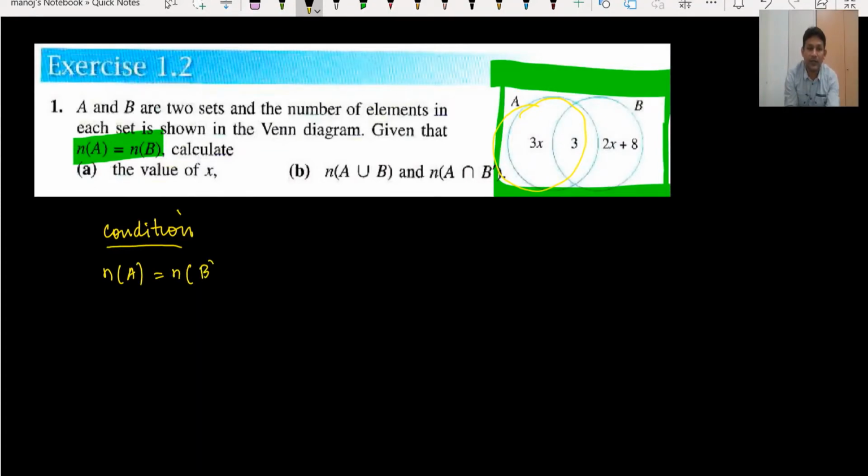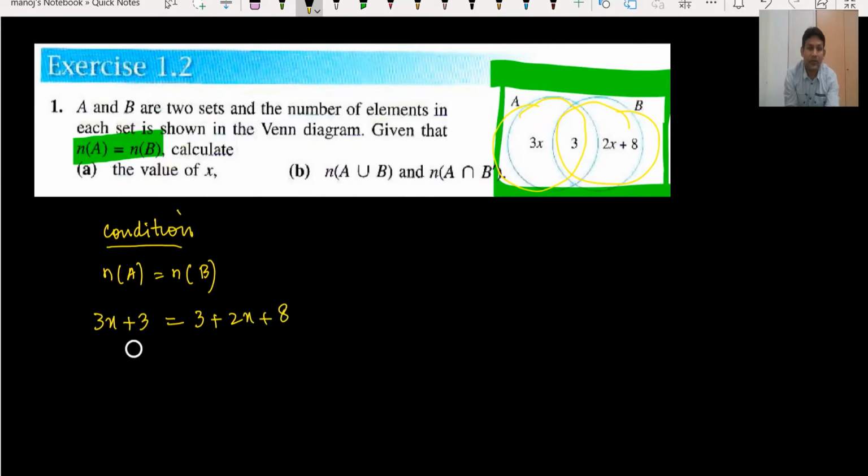So I will write 3x plus 3, because this is showing the number of elements. The elements are not 3x and 3; the number of elements are 3x plus 3, which is equal to, this is B, the number of elements in B, 3 plus 2x plus 8.